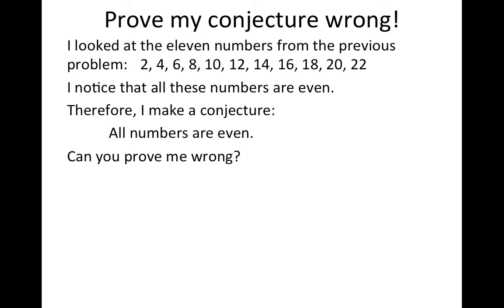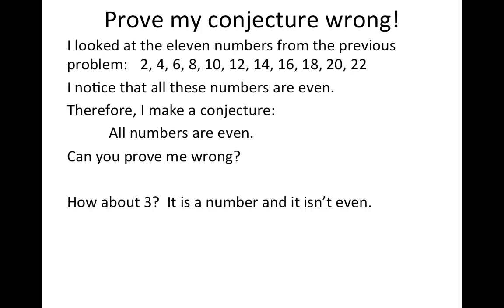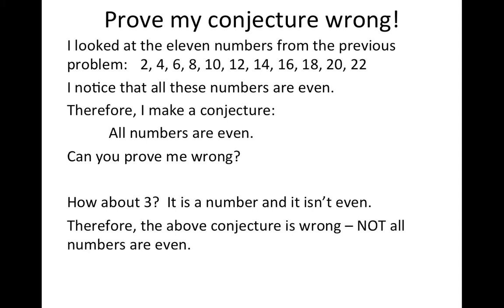Well, if you think about it for a second, maybe you'd want to say, well, wait a minute. How about number 3? It's a number and it isn't even. So if you're telling me that all numbers are even, I'm saying you're wrong because 3 isn't even and it's a number, so you can't say that all numbers are even. So therefore, the above conjecture is wrong. Not all numbers are even.